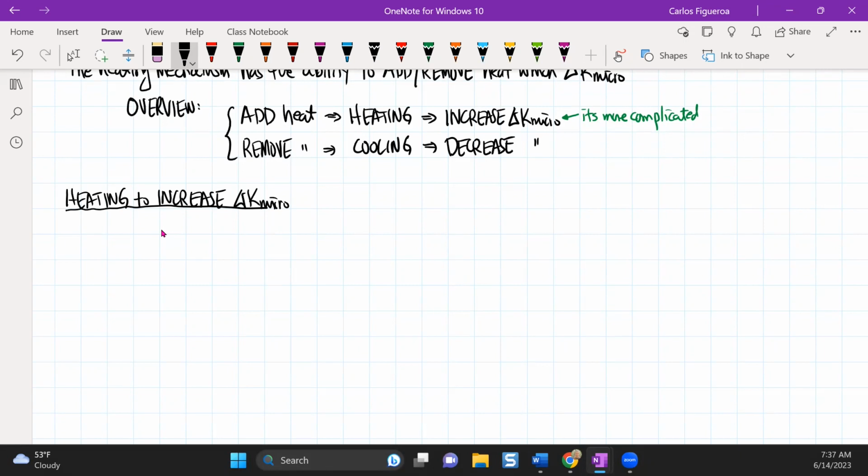So the first thing that we want to do here is place a hot source underneath a piston. So what do I mean by that? So let's go look at this. So if I look at my piston, here's my piston.